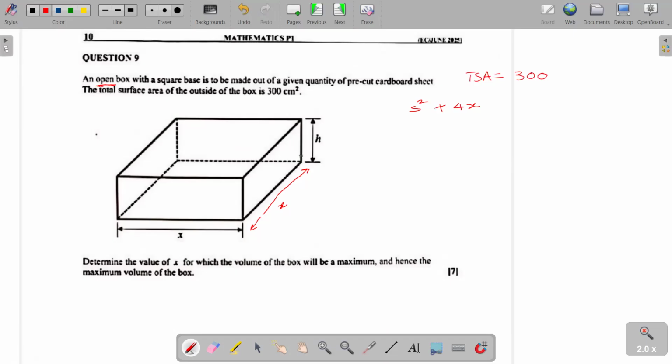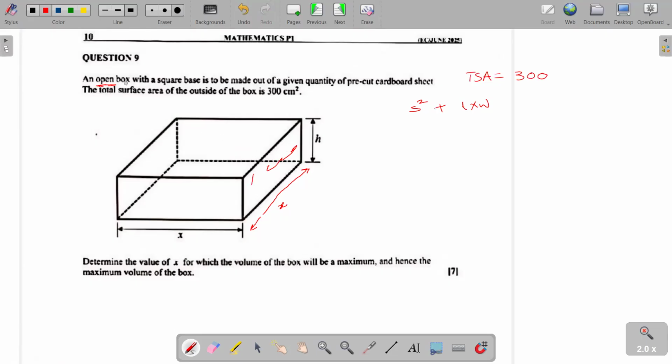Then you multiply each by the height h, because this is a rectangle. How do you get the area of a rectangle? The area of a rectangle is length times width. This length is x, the width is h.